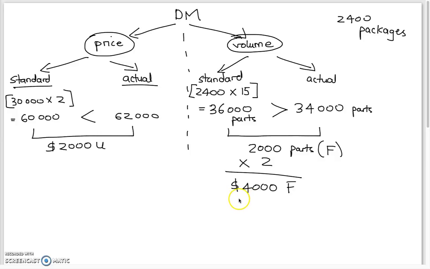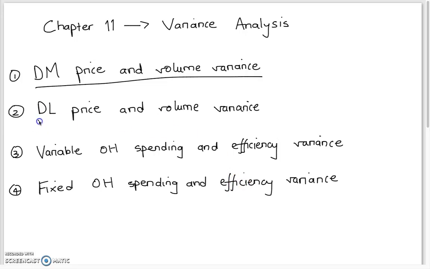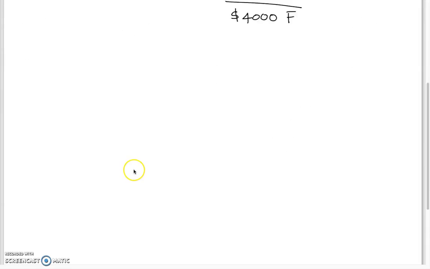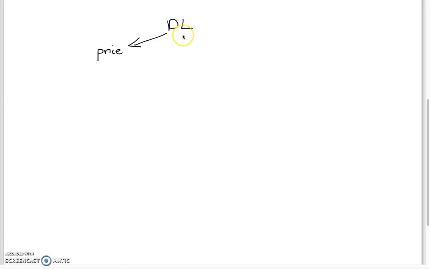Now that we're done with the first part, we're going to move on to the second part. This is done. Let's put a big check there. So direct labor, price, and volume variance. And we're going to do exactly that. So again, same procedure. Heading, direct labor. Two arrows, price and volume.